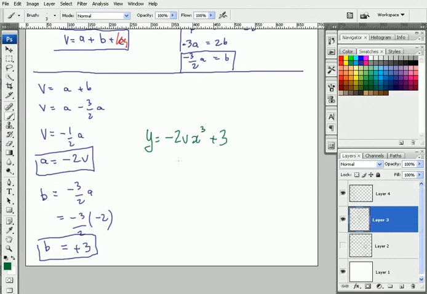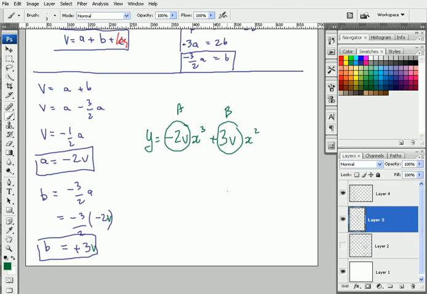Oh, I missed a term here. A is equal to minus 2v, so this should be minus 2v. I missed a v here. We had this part here is a, and this part plus 3v, this part here is b, and then we had x squared.